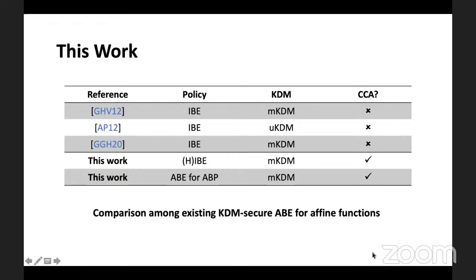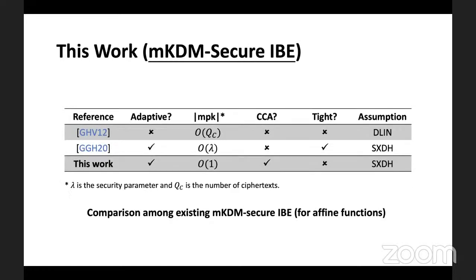Thanks to the expressiveness, we combine the classical CHK CPA to CCA transformation and obtain CCA security. And in the context of IBE, we can also derive an IBE scheme from our framework. It enjoys constant size master public key and achieves MKDM CCA security.